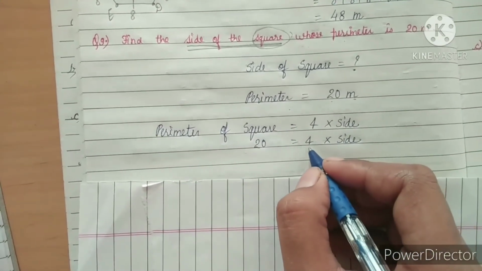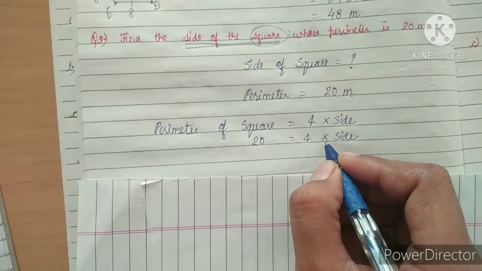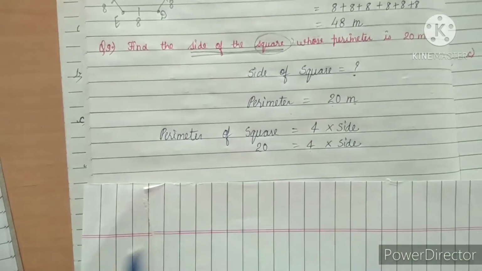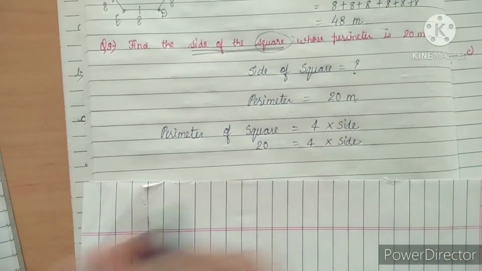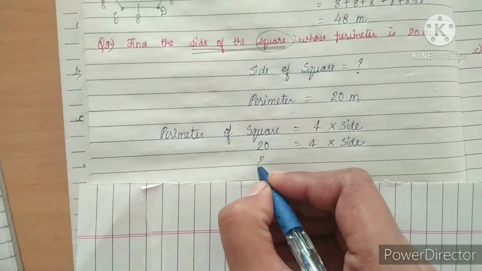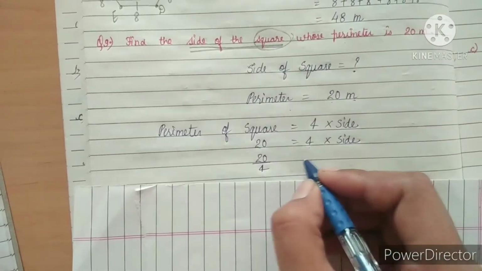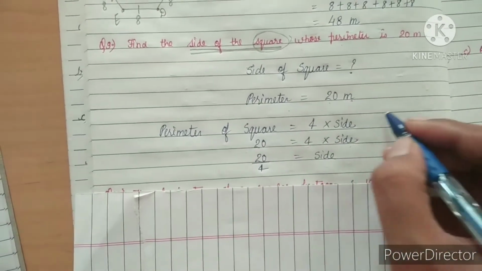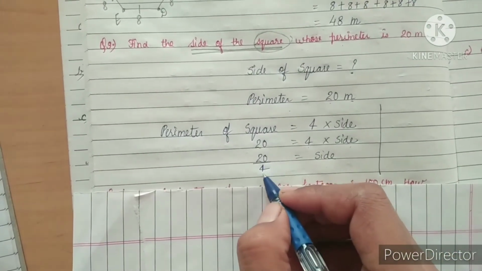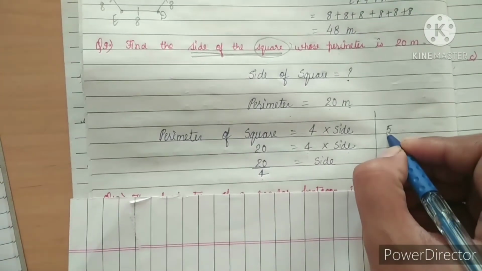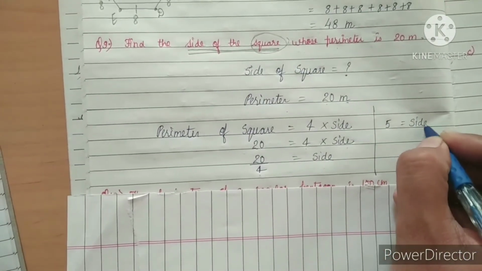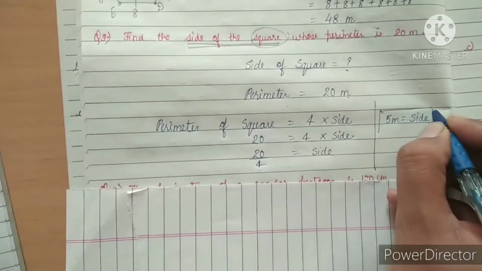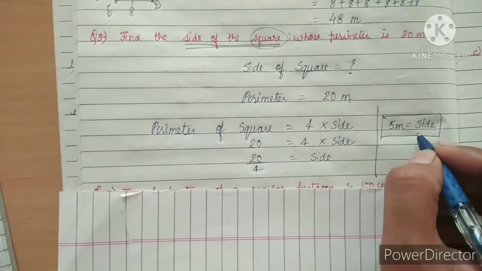Here this 4 is presented with the multiplication symbol. When we take this 4 to the opposite side, the opposite of multiplication is division. So this 20 will be divided by 4, and here what remains is side. When you divide 20 by 4 you will get 5, and the unit will be meter. So the side of the square is 5 meter.